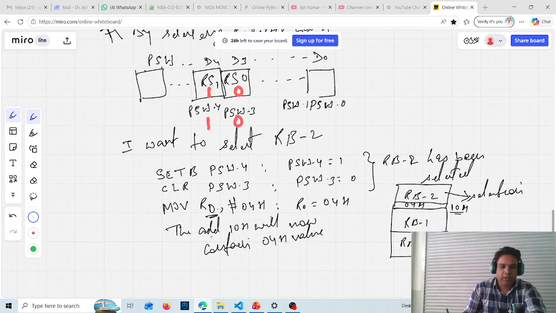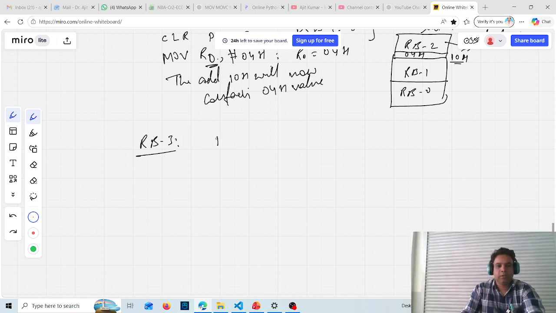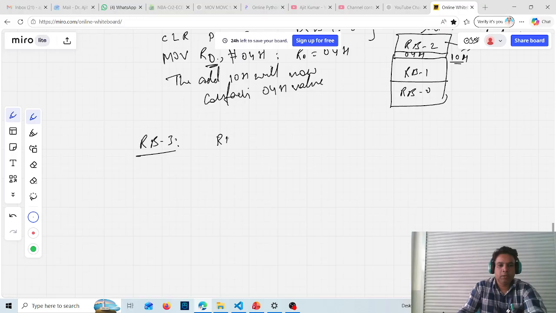Similarly, suppose that I want to select register bank 3. In that case, in this PSW, RS1 and RS0 should both be set to 1.